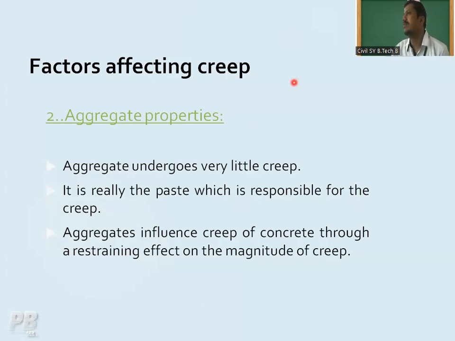If you take one property into consideration, maybe the shape and size: if more flaky particles or more elongated particles are present in your concrete body, then it may lead to earlier deformation, because flaky and elongated particles are going to reduce the strength of the concrete miserably. Maybe the shape, size and texture.